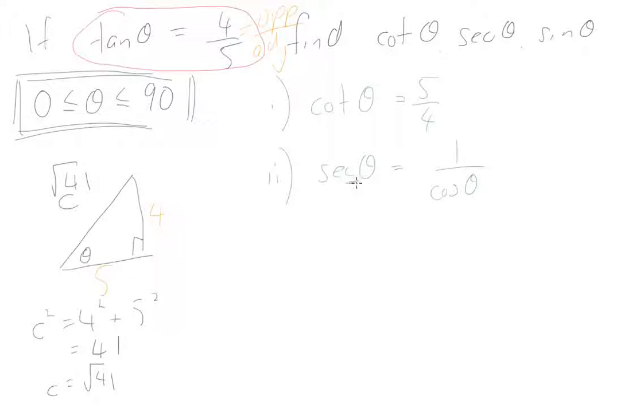Again, going with that third letter there, c is cos. Cos theta here, adjacent over hypotenuse, is 5 on root 41, so it's 1 on 5 on root 41, which flips it upside down and gets you root 41 on 5. And last but not least, sine theta. Sine theta here is 4 on root 41.